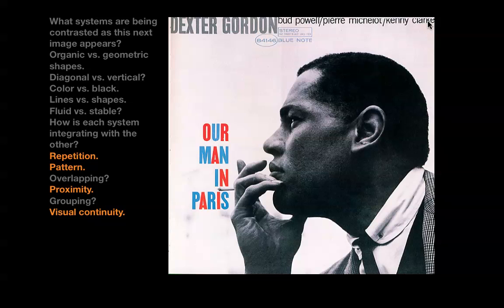That's visual continuity. And last but not least, how does the system of type up here relate to the image down over here? Well, one way is by, of course, repetition of color, the grayscale, but also by visual continuity. Look at the N, and look at the eyebrow. Visual continuity.